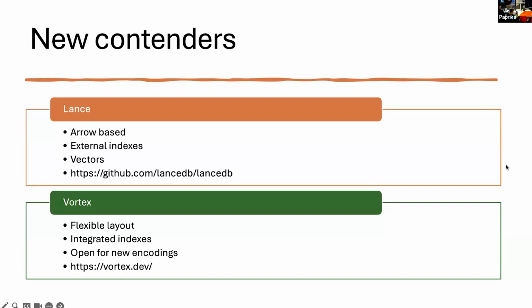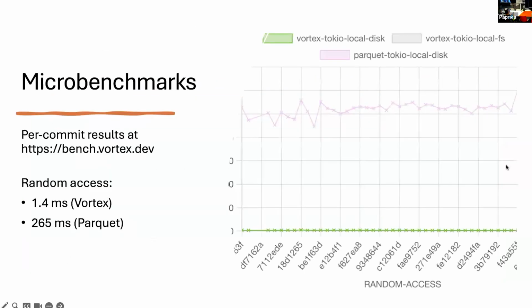You can have very good indexes inside the file format. You can get very good response time if you are looking for a single record in a big file. It is also open for new encodings. It has a very vibrant community. It's very open for new ideas. So these are just examples. There are plenty of others you can choose, but these are the prime examples.